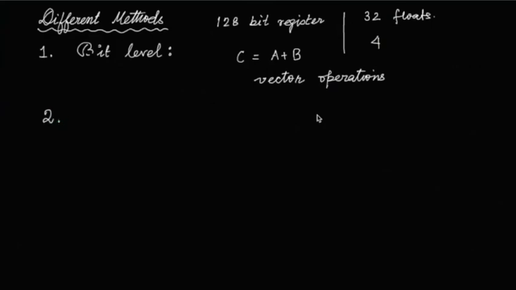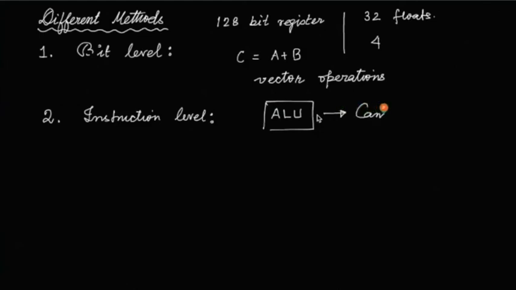The next thing is called instruction level parallelism. So what is instruction level parallelism? When I talked about the ALU, we said that it can do many different operations.